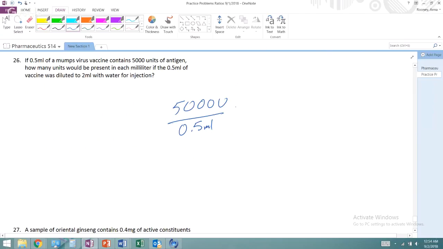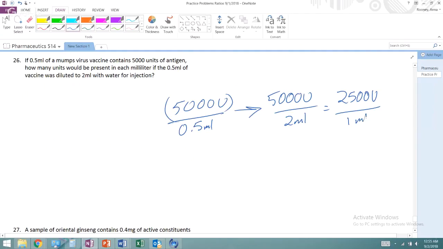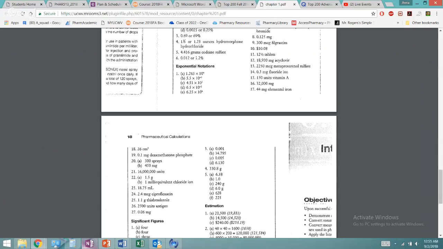So they're diluting it to 2 milliliters. They're not adding 2 milliliters, they're just diluting it to 2 milliliters. So you have the same amount of units, you're just changing the bottom thing to 2. So 5,000 units divided by 2 mL would be 2,500 units per every mL. Let's double check to see that's right. Yes, it is.